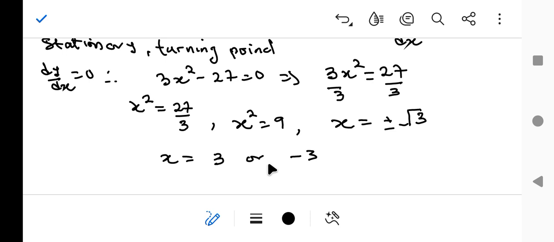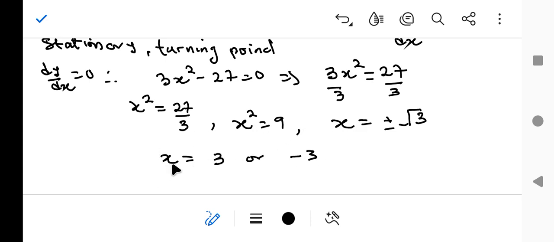So if that is the case, we have gotten the stationary points, right? Now, what you have to do is get d squared y upon dx squared. That is, you differentiate it again. At that point, if you evaluate the stationary point and it is greater than 0, then that is called the minimum point.